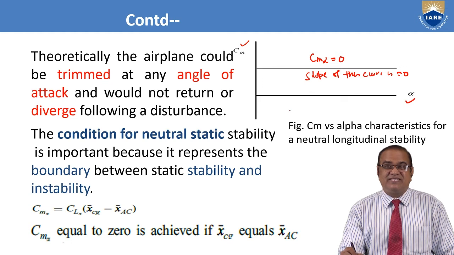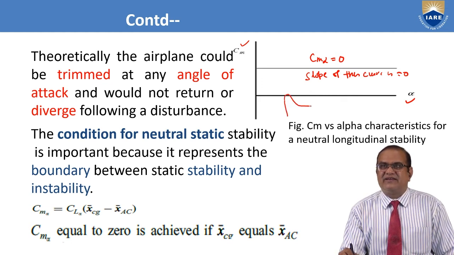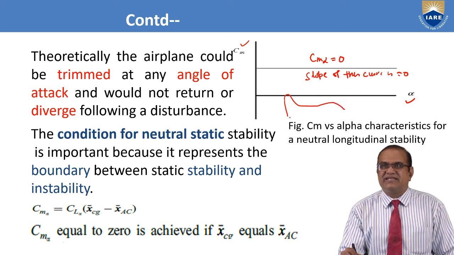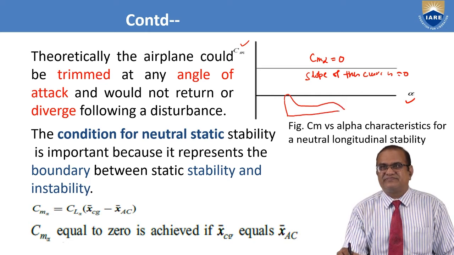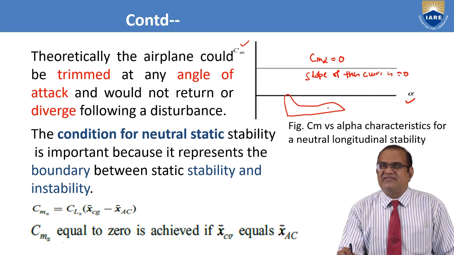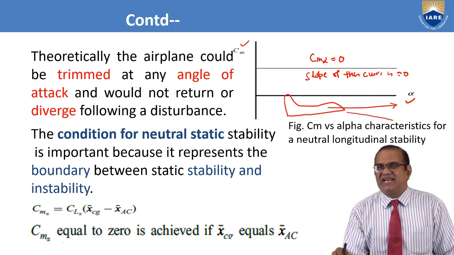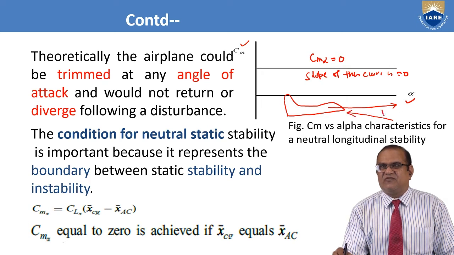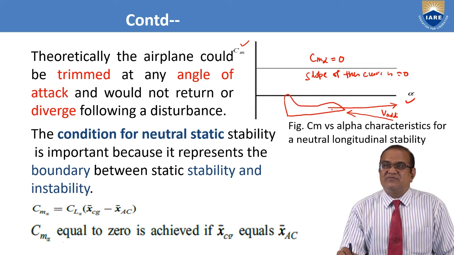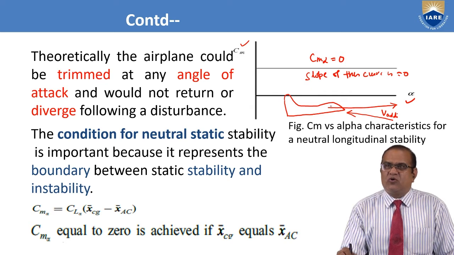So what is the meaning of this? The meaning of this, I am drawing here. This is the aircraft and it is flying in this direction. A wind came from this direction, that is I am writing some V additional. It is a gust. This will try to make your nose up.